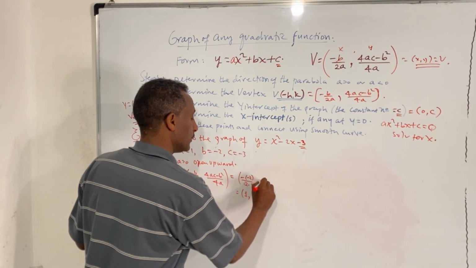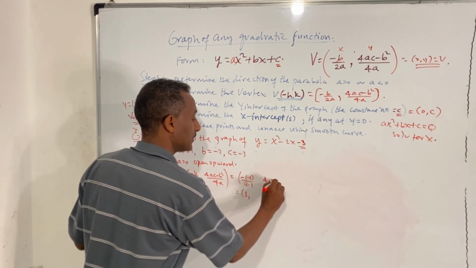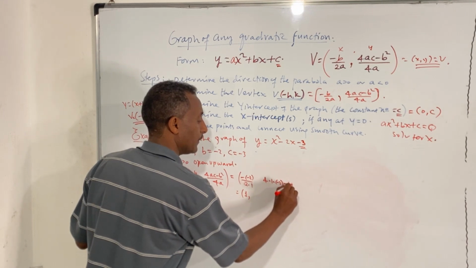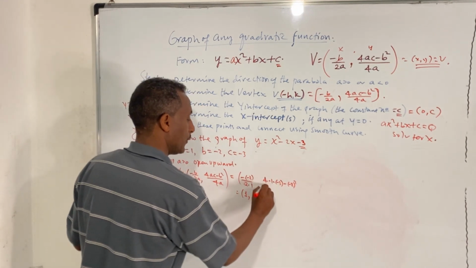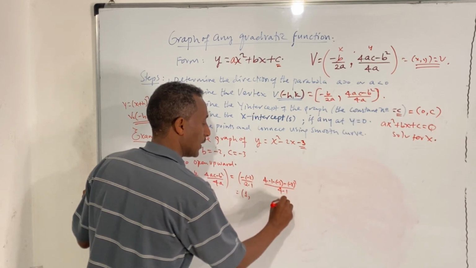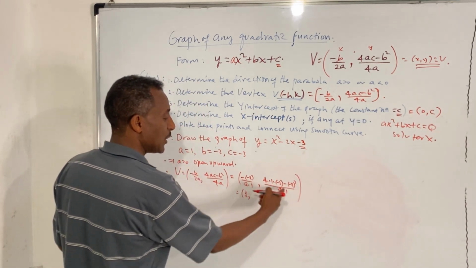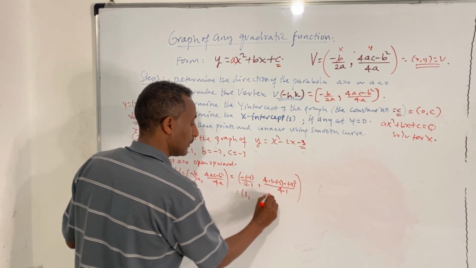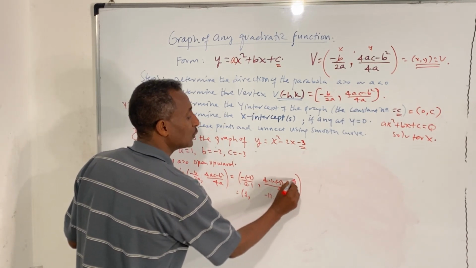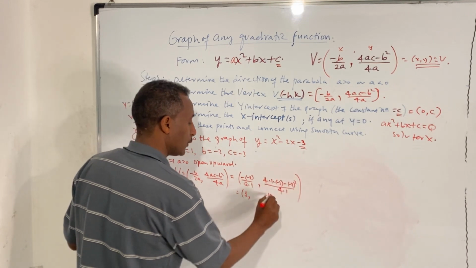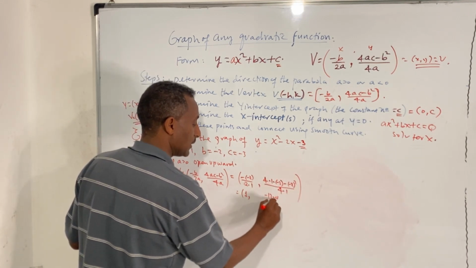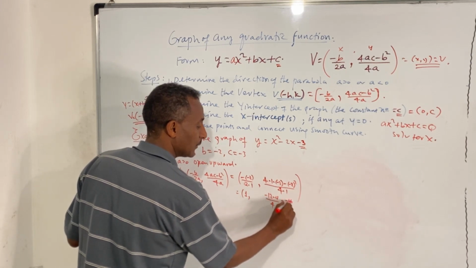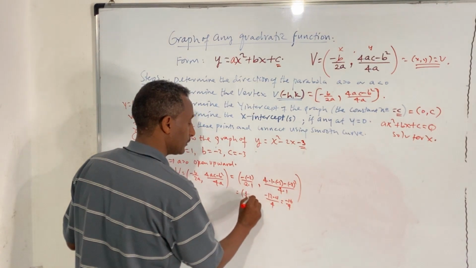The other one is 4 times a times c, which is minus 3, minus b squared, minus 2 squared, over 4 times 1. 4 times negative 3 is negative 12, and minus 2 whole squared is 4, so minus 4. So we get minus 16 over 4, which is minus 4.